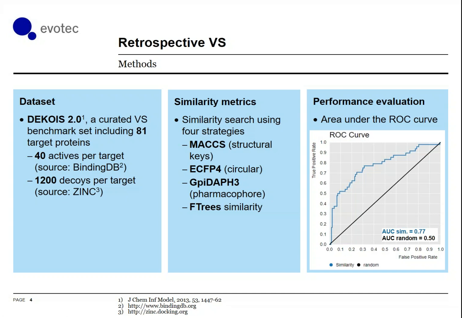For each of these targets, there are 40 active compounds extracted from BindingDB and 1,200 decoys extracted from ZINC in such a way that they match the physicochemical properties of the known actives.